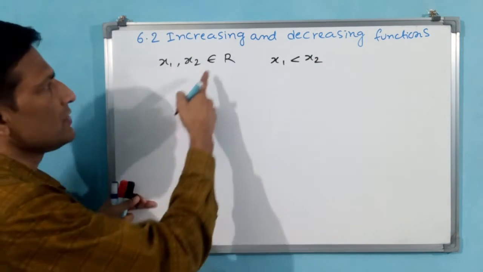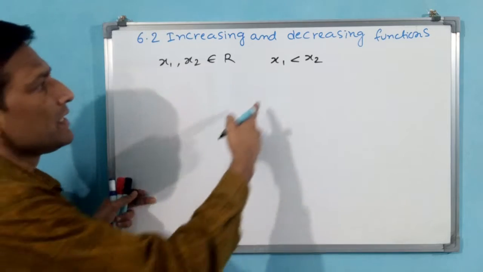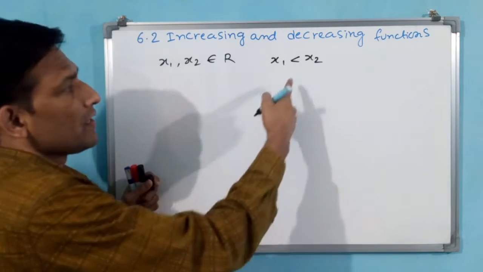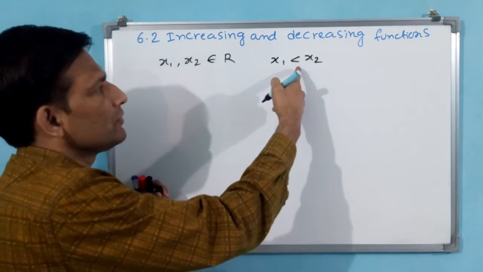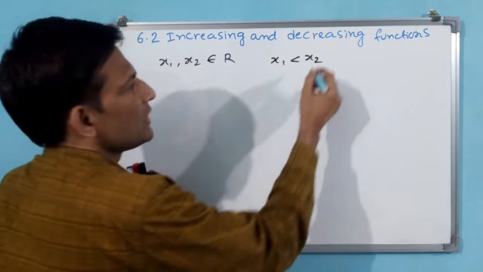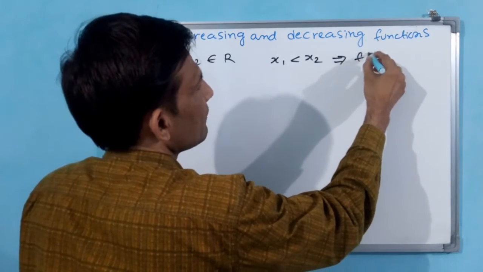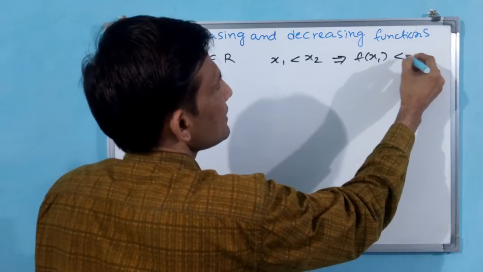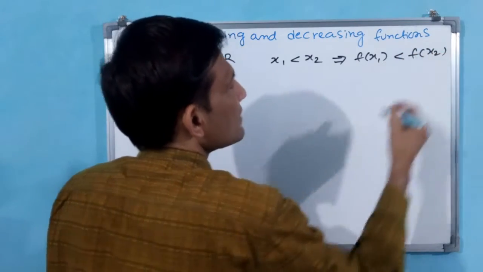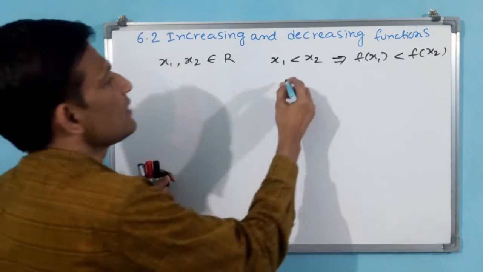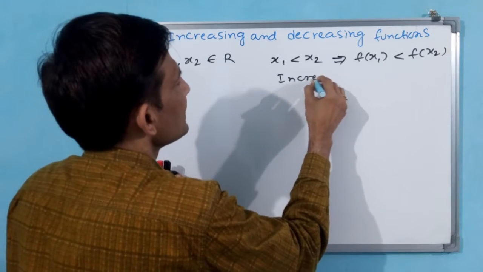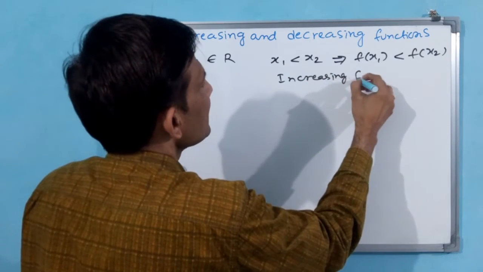These are real numbers, as I have already said. Between x1 and x2, x1 is less than x2, which implies if f of x1 is less than f of x2, then we can say that the function is an increasing function.